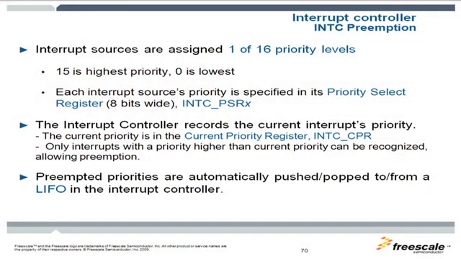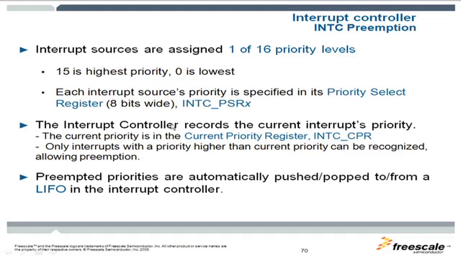And so now, with these different priorities, I can have preemptions. Just to repeat, the highest priority is 15, 0 is the lowest, and for every interrupt source, I have to set the priority in a priority select register.